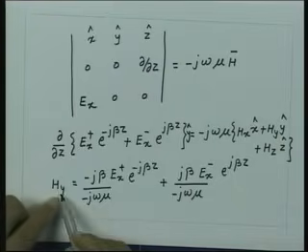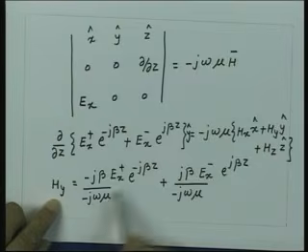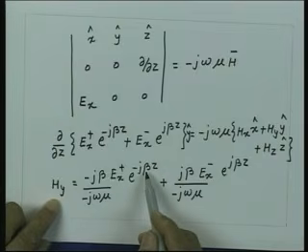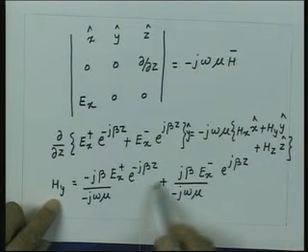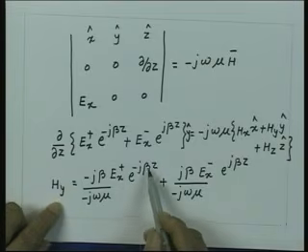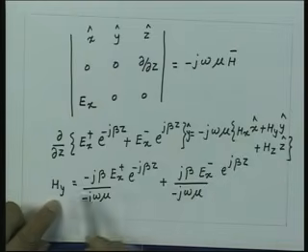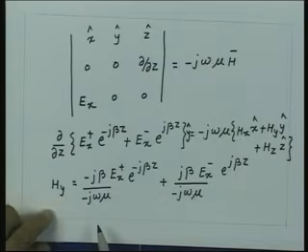So, the magnetic field, which now has the y component, also has wave variation, because the term e to the power minus j beta z represents a travelling wave in the positive z direction. This will represent a travelling wave in the negative z direction.